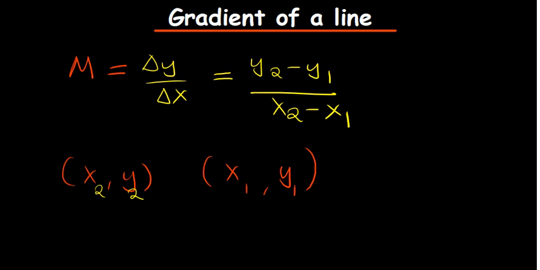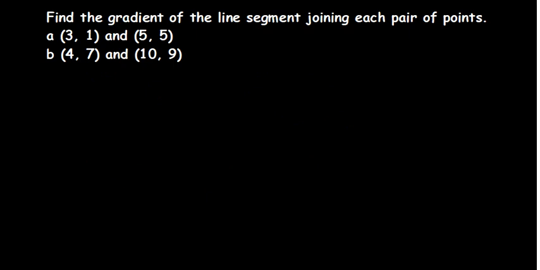Okay, so I've got a question we can answer. Find the gradient of a line segment joining each pair of points. For the first one, A, our gradient m is going to be, taking this to be my x2, y2, and x1, y1.